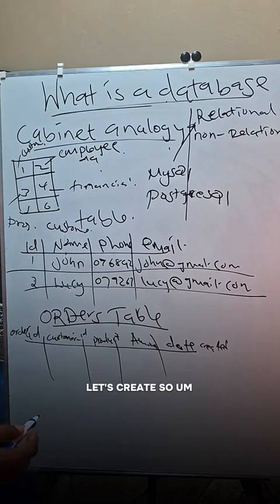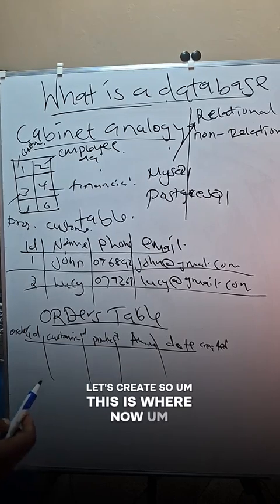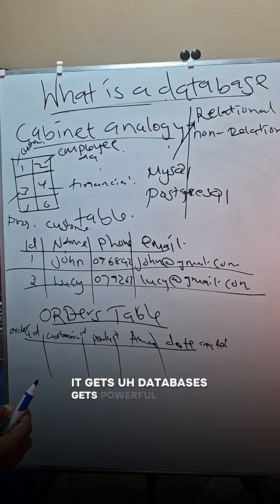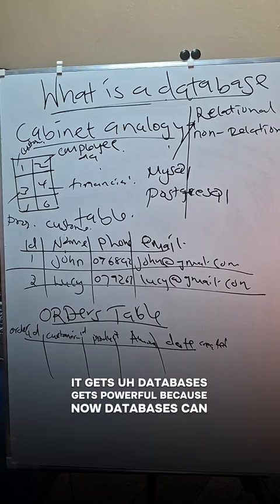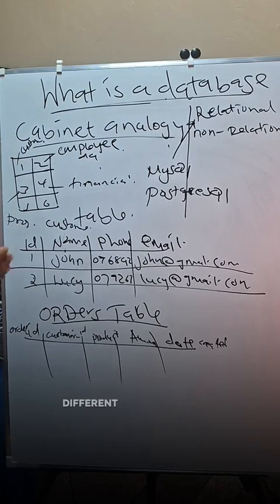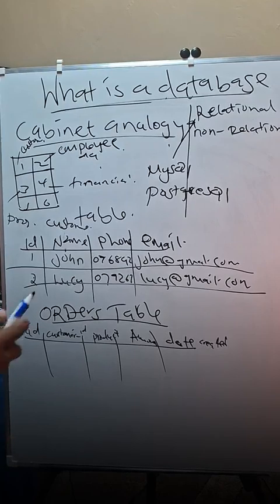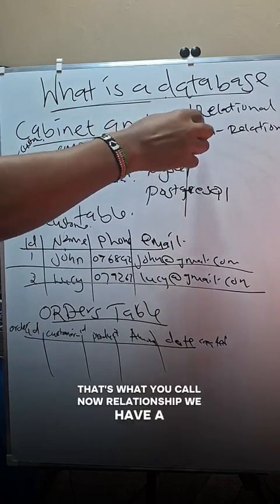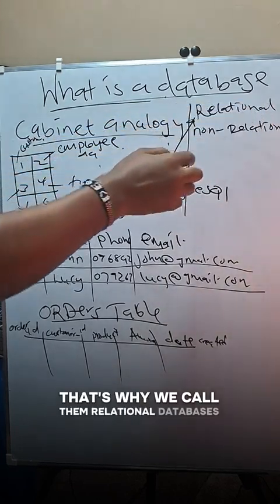This is where databases get powerful, because a database can connect different tables together, and that's what we call a relationship. That's why we call them relational databases.